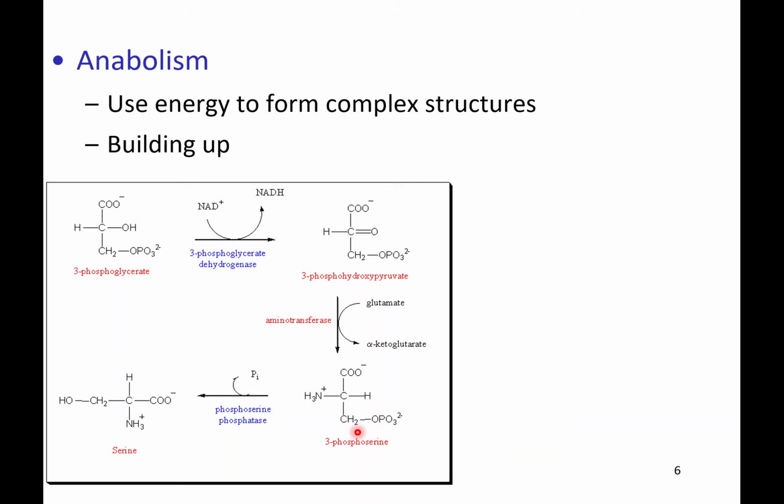An example is shown here, although maybe not the best example: you can make amino acids, here's serine, and then you can connect amino acids together to make proteins. So anabolic pathways build up.